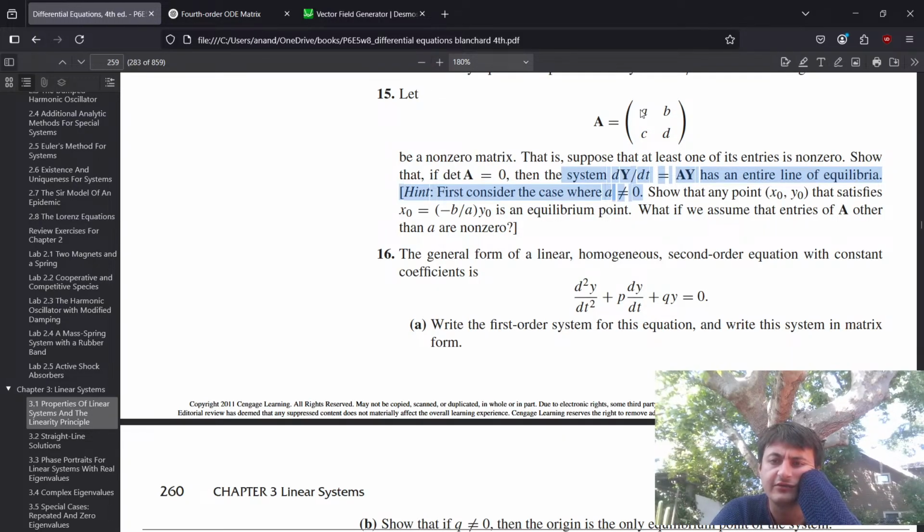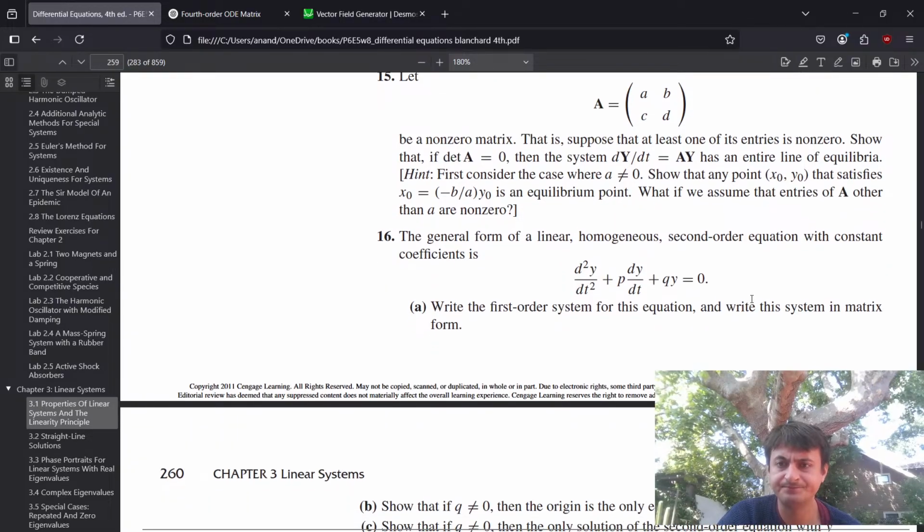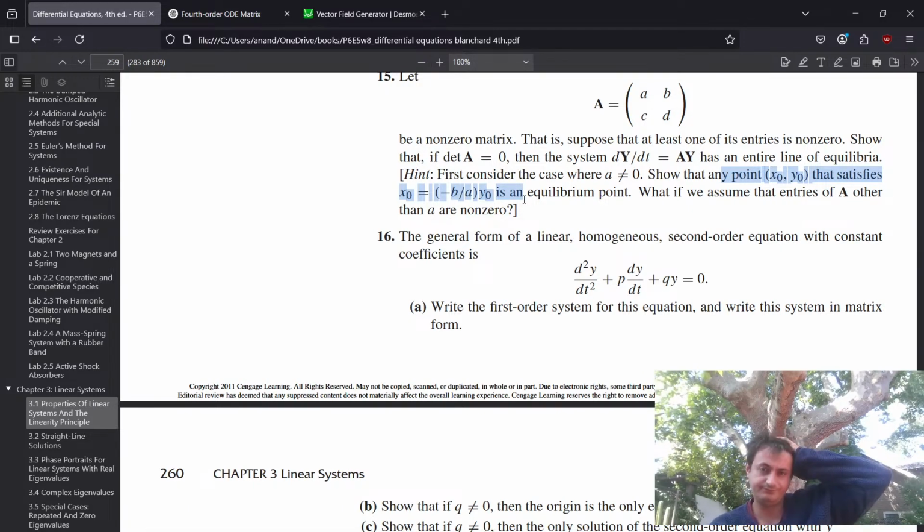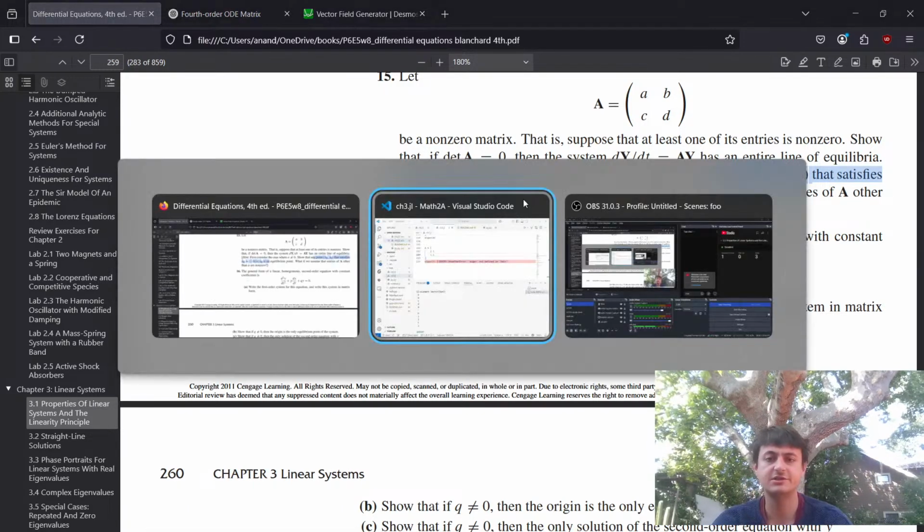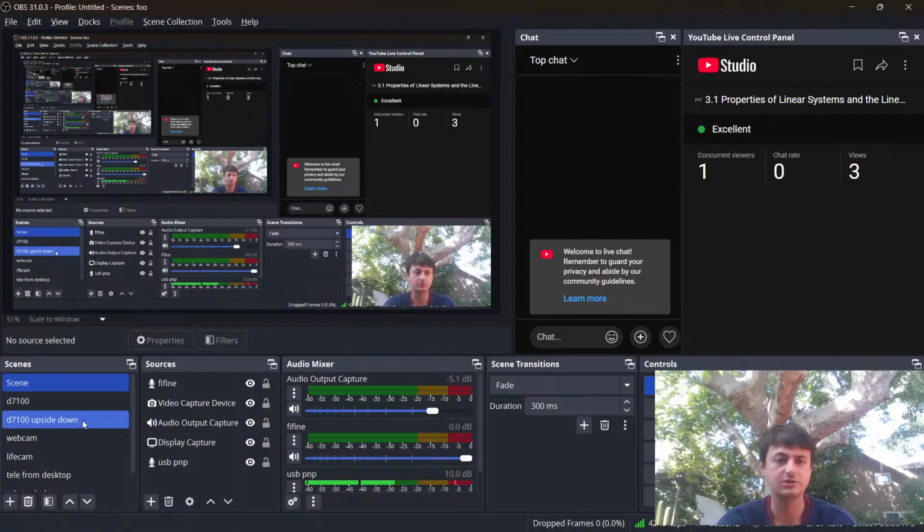Okay, so if the determinant is zero and A is non-zero, then D is zero for sure, and either C or B is zero, or both. We'll do this one. I haven't gotten a chance to use the camera in a long time.